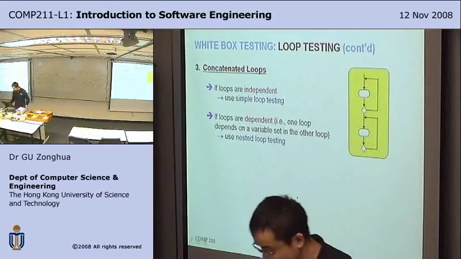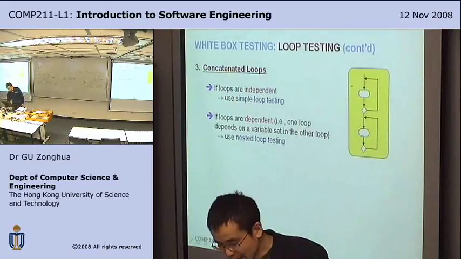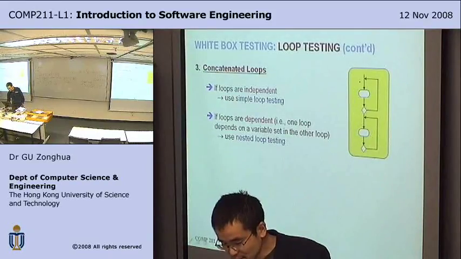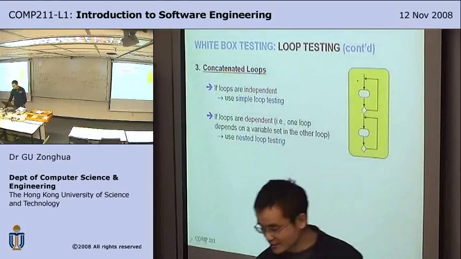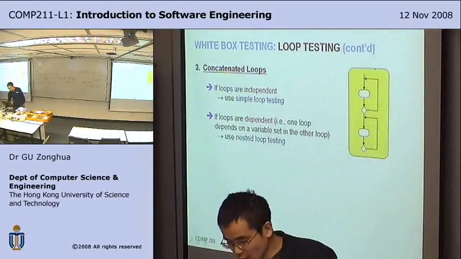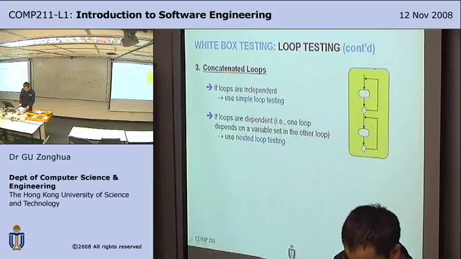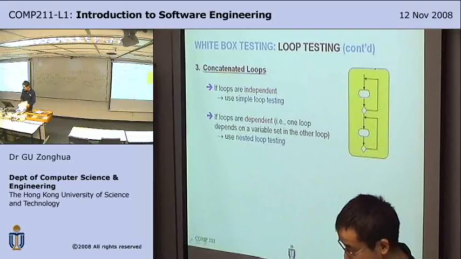Concatenated loops is when you have independent loops and they're concatenated together. That is, we saw one case before where you have if-then-else followed by another if-then-else.